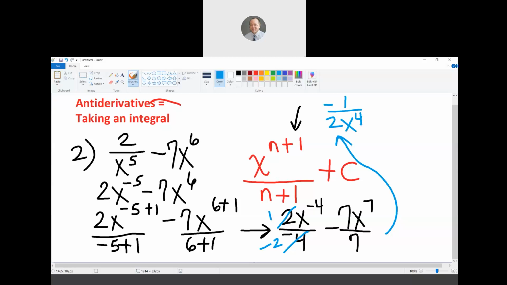Now for the second part of our answer, the 7's cancel, leaving us with just negative x to the 7th power over 7. Oh, I'm sorry, that's not right. Undo that. It would just be negative x to the 7th power by itself. And don't forget your plus c to represent any possible constant.